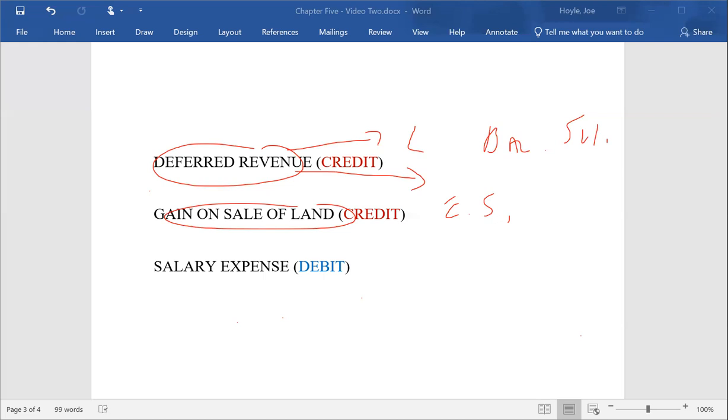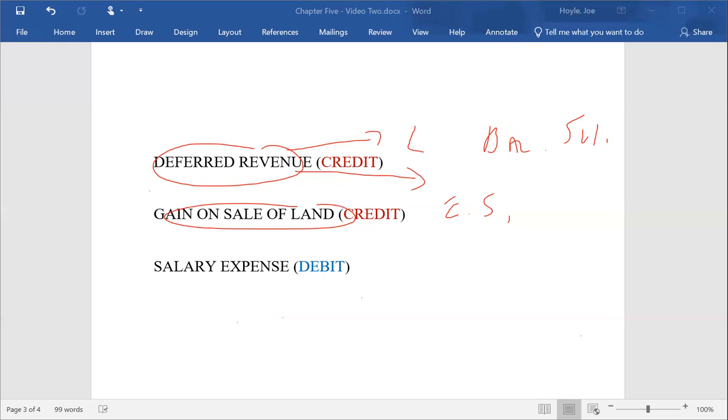If it's a hardware store, then selling hardware, selling nails, selling paint brushes is the primary operation. Selling a piece of land, possibly out behind the store, is simply a different type of thing.